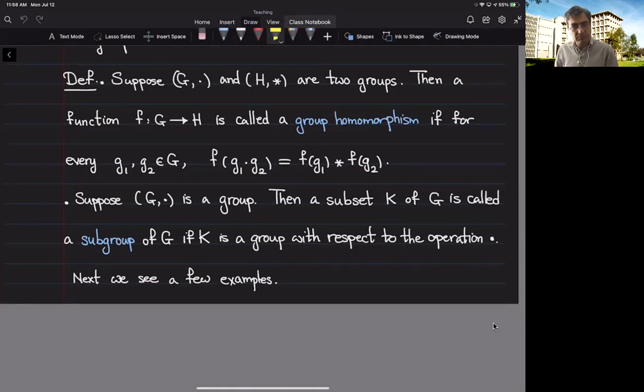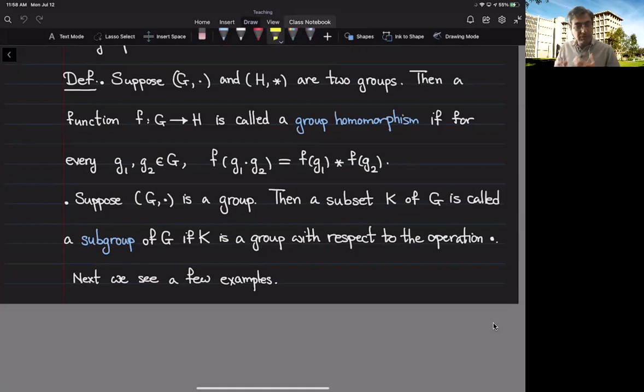Now let's define subgroup. Suppose G with dot is a group. I give you a subset K of G. Then we call K a subgroup if K with the same operation dot is a group. So K itself with this operation dot that we have becomes a group.